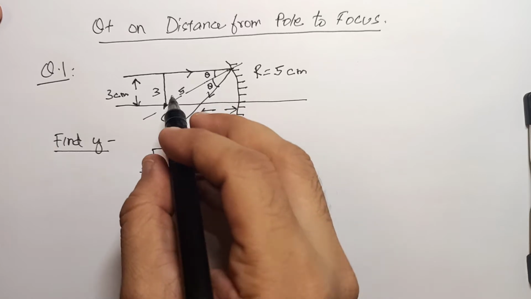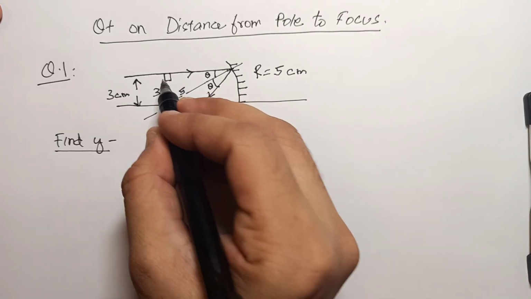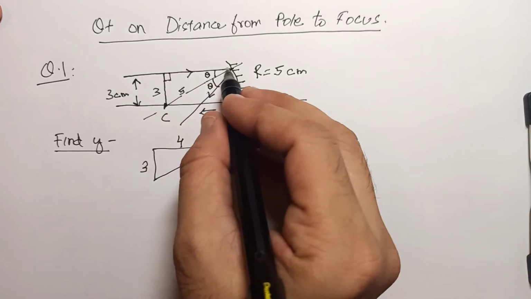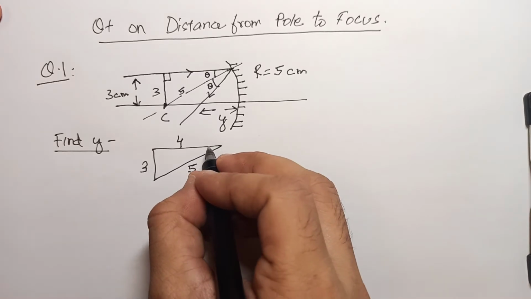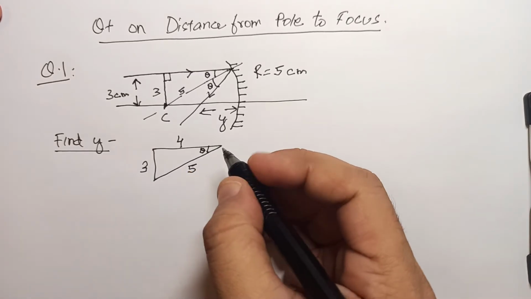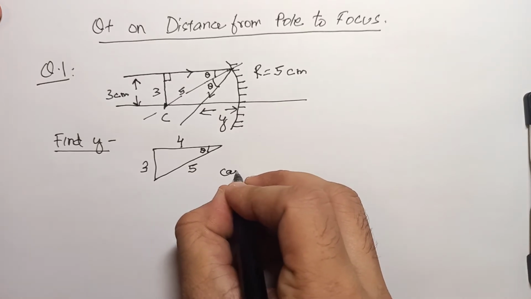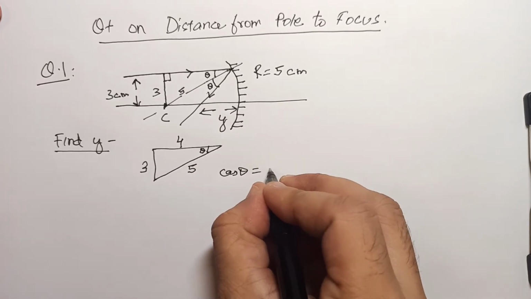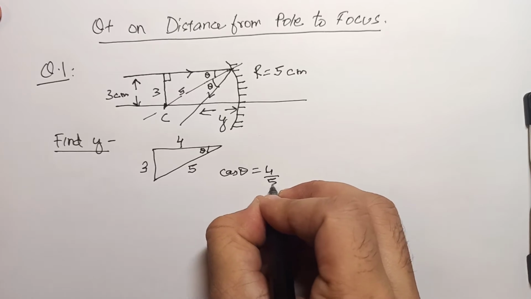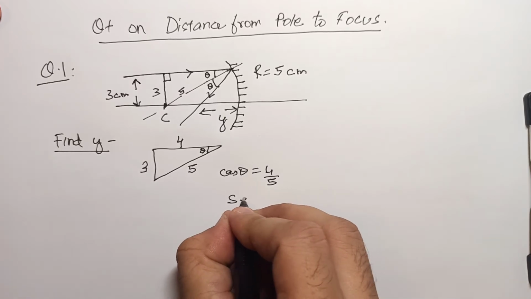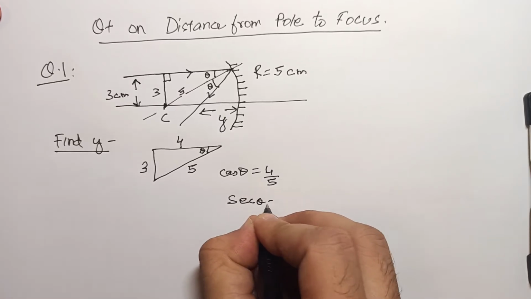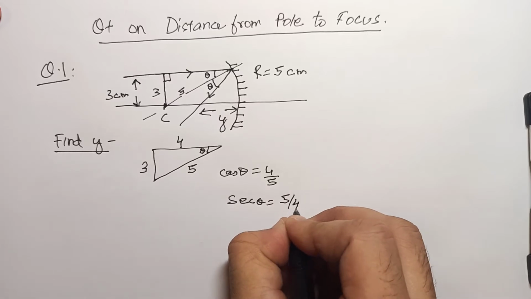By the Pythagoras theorem, because this is 90, this is 5, 3 and this will be 4. So I've written here, okay, we have to find theta. So here we can say cos theta is equal to 4 by 5, or we can say sec theta is equal to 5 by 4.